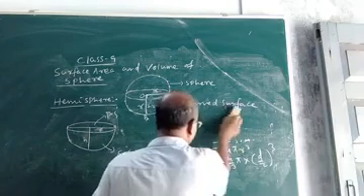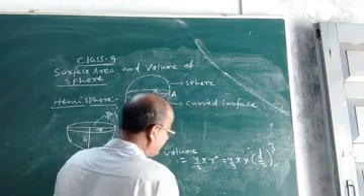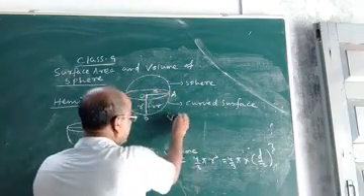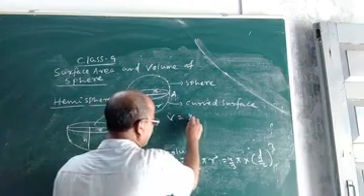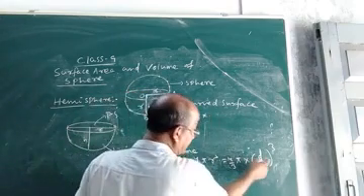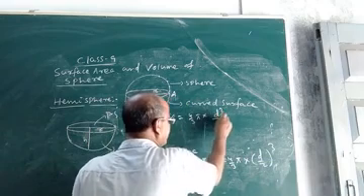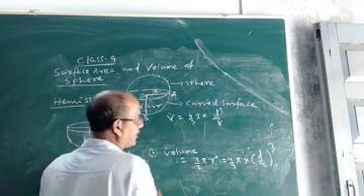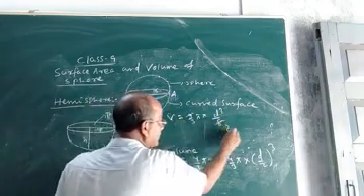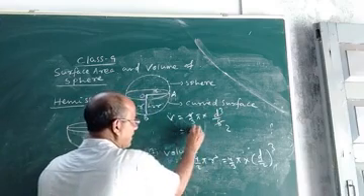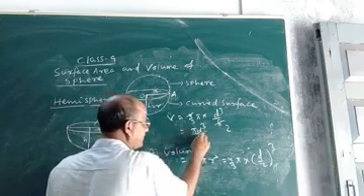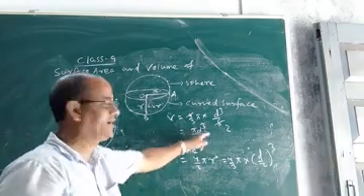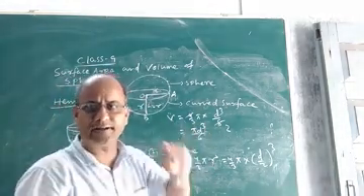You will get volume equal to 4/3 pi into d cube by 8. Now you cancel 4 and 8, it is 2. So it is pi d cube by 6, or 1/6 pi d cube.